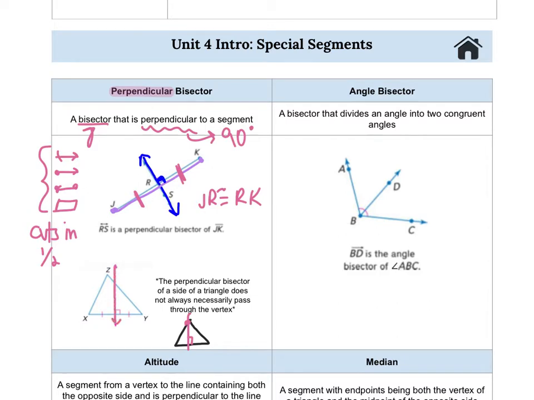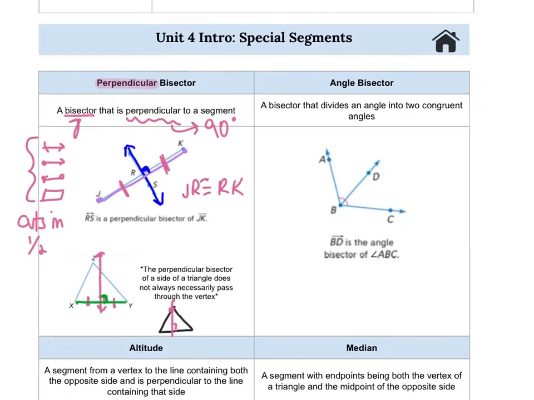Over here is our bisector. The thing you want to remember about bisectors is that it has to cut the base into two equal parts. If our bisector was over here, our base wouldn't be congruent. Just remember it always has to have that 90-degree angle for it to be perpendicular.